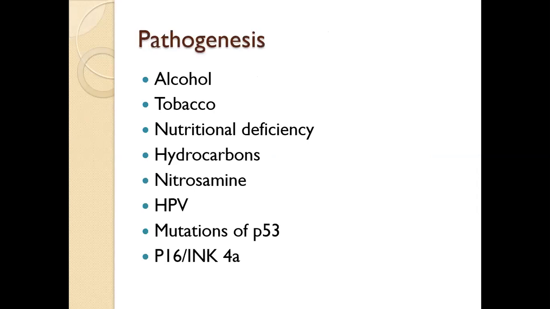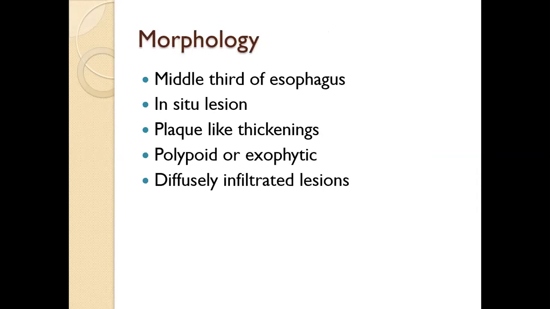Pathogenesis: mutations of P53 and P16INK4A. These are the molecular alterations. Morphology of squamous cell carcinoma: unlike adenocarcinoma, squamous cell carcinoma is seen most commonly in the middle third of the esophagus. This starts as an in situ lesion.